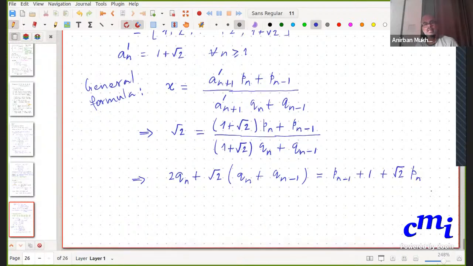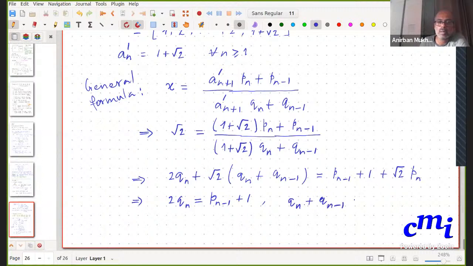So we equate the rational and irrational part. That gives us 2Qn is equal to Pn minus 1 plus 1, and another equation from the irrational part, Qn plus Qn minus 1 is equal to Pn. So we have these two equations.